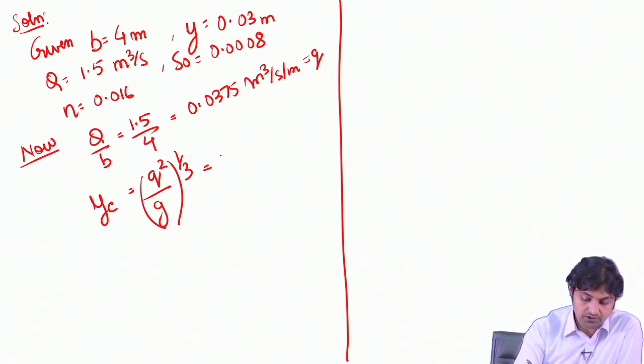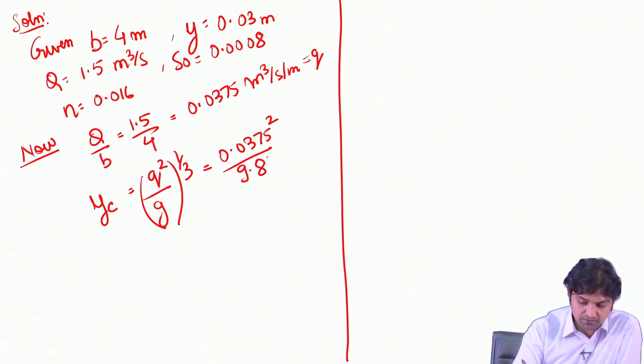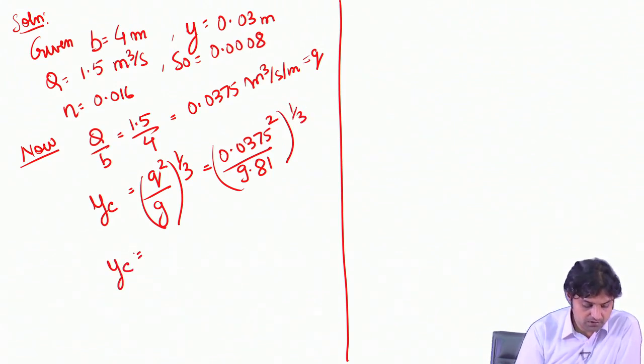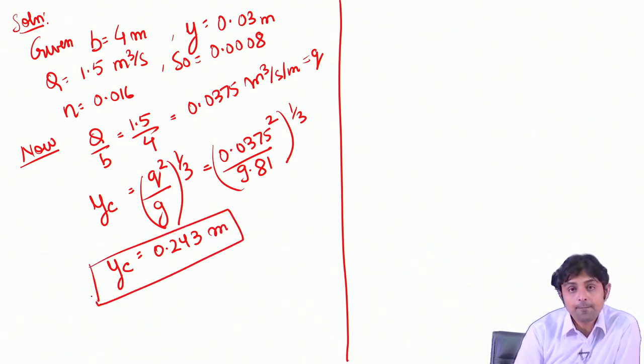So, this is going to be 0.0375 whole square by g, which is 9.81, and whole to the power 1 by 3. If you do this calculation using your calculator or by hand, this is going to be 0.243 meter. So, the critical depth which we have got is 0.243 meters, all right.